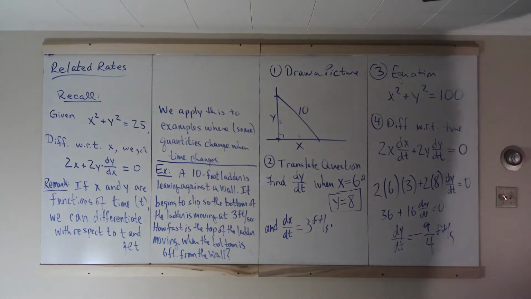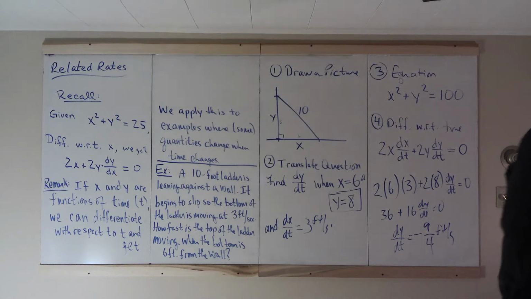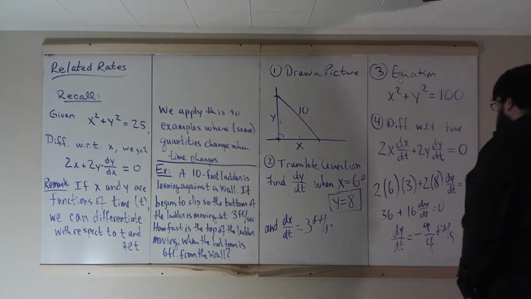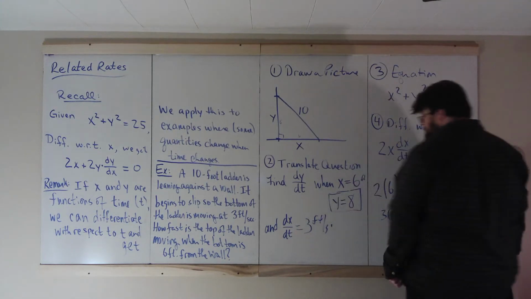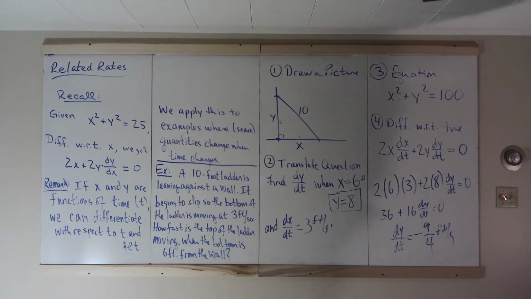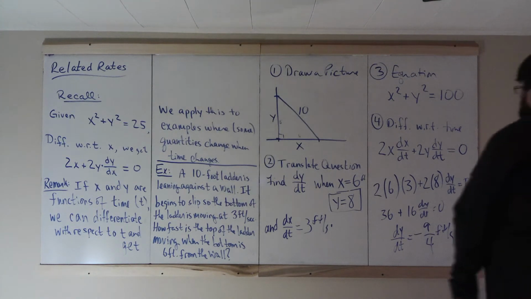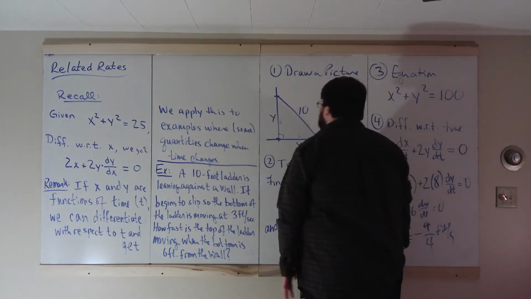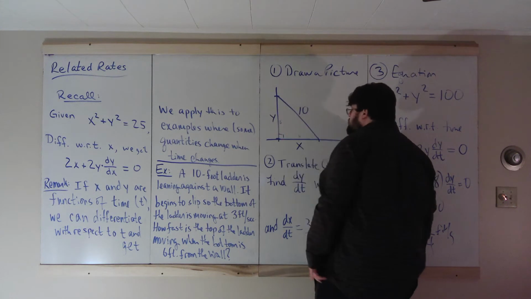Let's make an observation about this. Let's look at these two rates. dx/dt is positive 3. dy/dt is negative 9/4. Why is one rate positive and the other negative? Well, what's happening in this situation? The ladder is sliding down the wall.